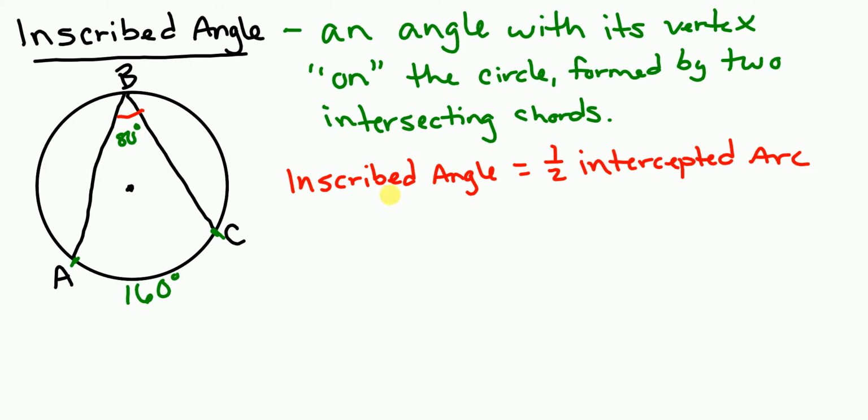Because this inscribed angle is half of the intercepted arc. So the measure of angle ABC is equal to 1/2 the measure of arc AC.